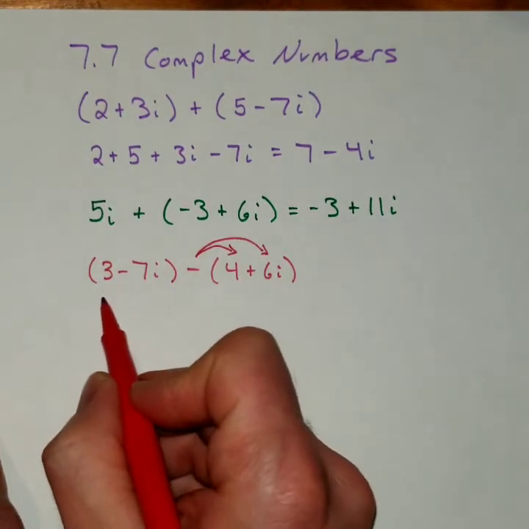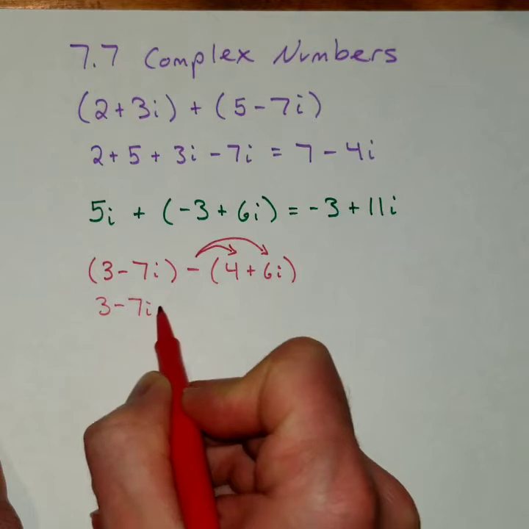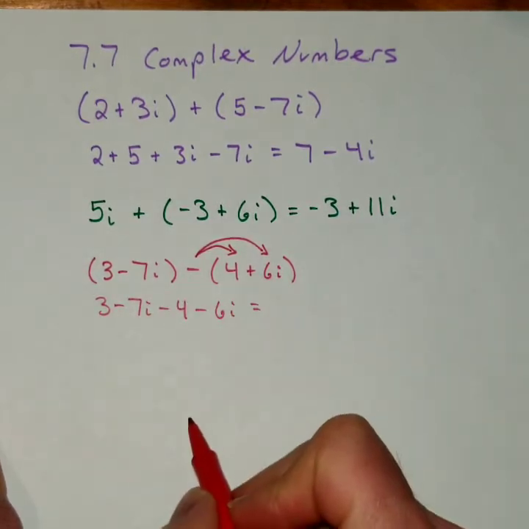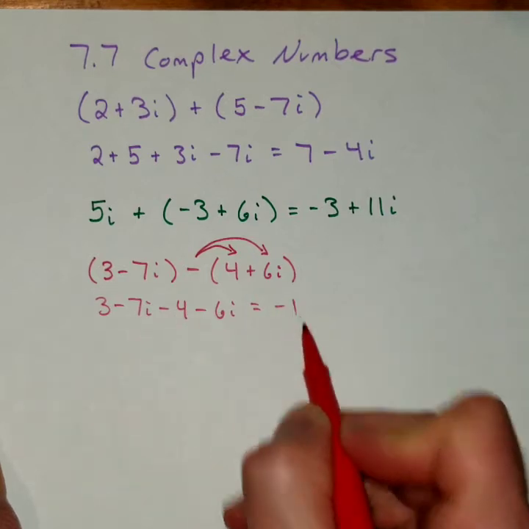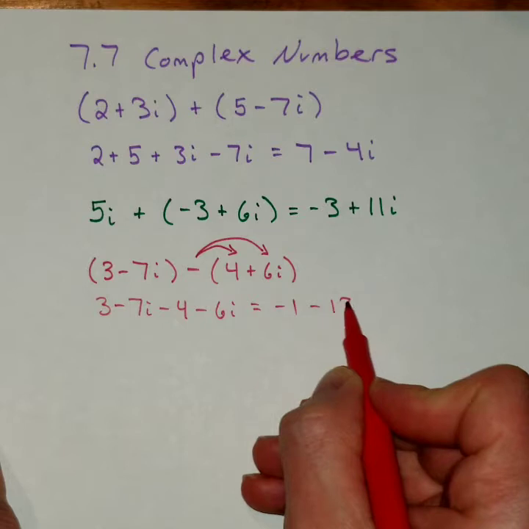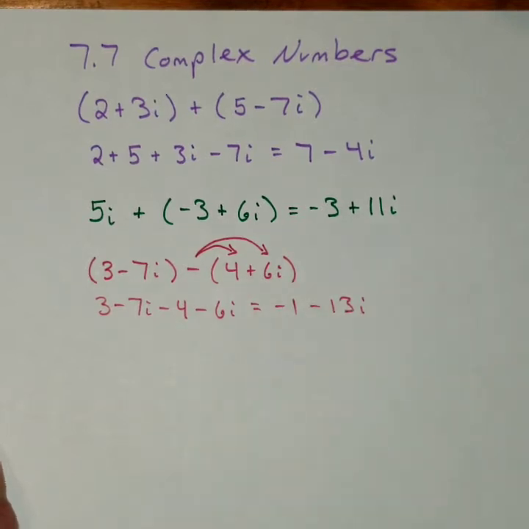So this becomes 3 minus 7i minus 4 minus 6i, and then we combine like terms. 3 minus 4 is negative 1, negative 7 minus 6 is negative 13i. Right, so just combining like terms, it looks just like working with polynomials.